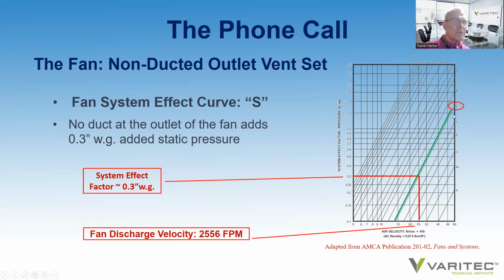We look for the system effect fan curve to be applied, curve S, and where the vertical line off of the velocity intersects with the fan curve, we draw a line over to the static pressure line, and we see that there is 0.3 inches of static pressure added to the fan because of a non-ducted outlet.